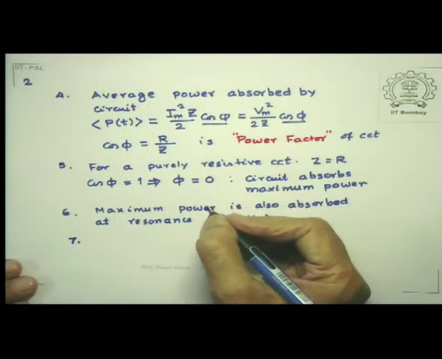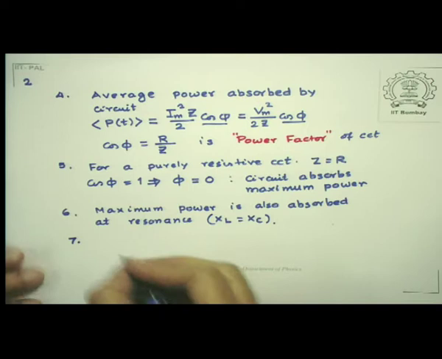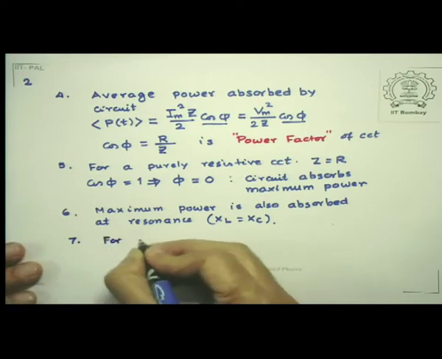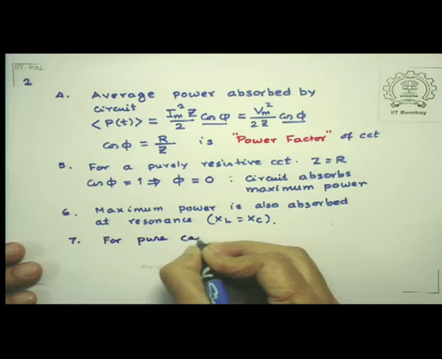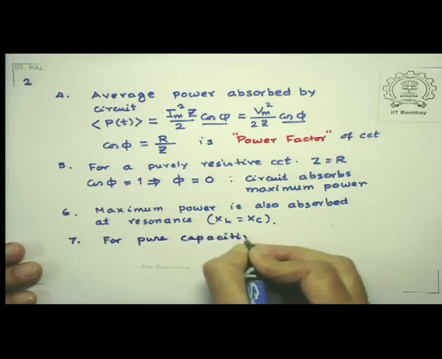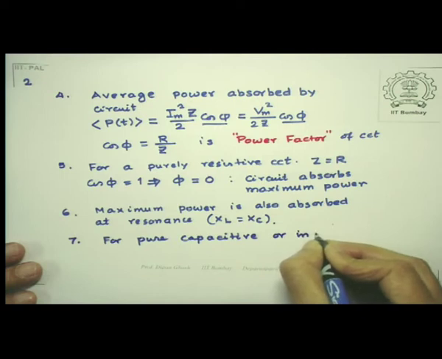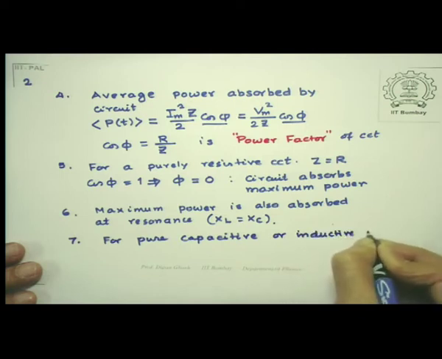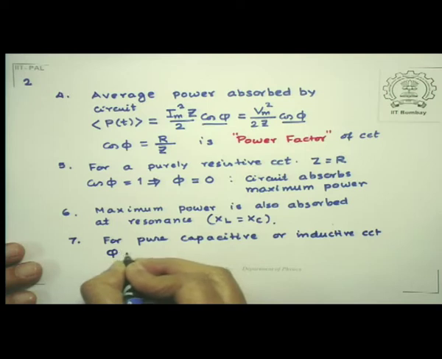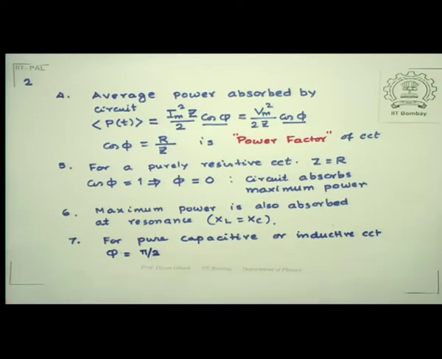We had also seen that for a pure capacitive or inductive circuit, the value of phi is equal to pi by 2. In the former case, that is in the capacitive case, the current leads the voltage by pi by 2, while in the inductive case, the current lags the voltage by pi by 2.